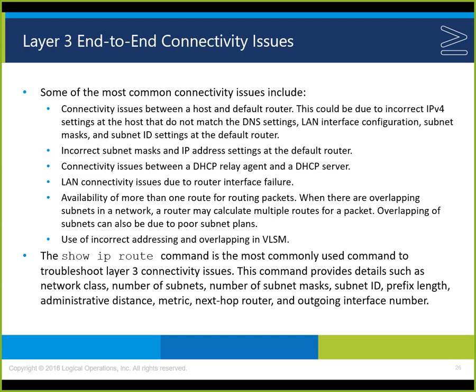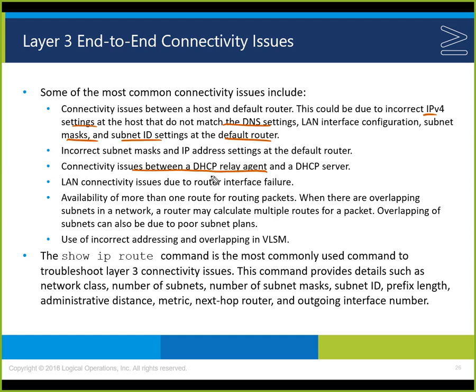Layer 3 end-to-end, we just kind of throw things in occasionally, but some of the most common connectivity issues between the host and the default router are incorrect IPv4 settings at the host that don't match the DNS settings, LAN interface configuration, subnet mask, subnet ID, default router, which would be the default gateway, or an incorrect subnet mask.